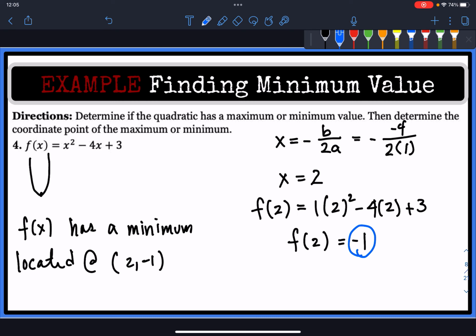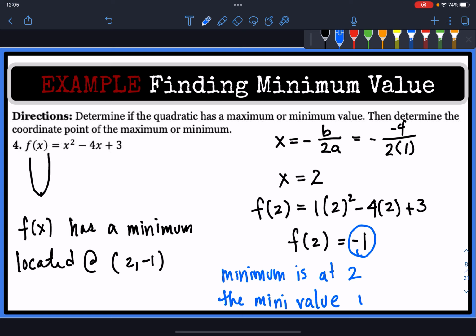So we say that the minimum is at x equals 2, and the minimum value is -1. That's the minimum value.